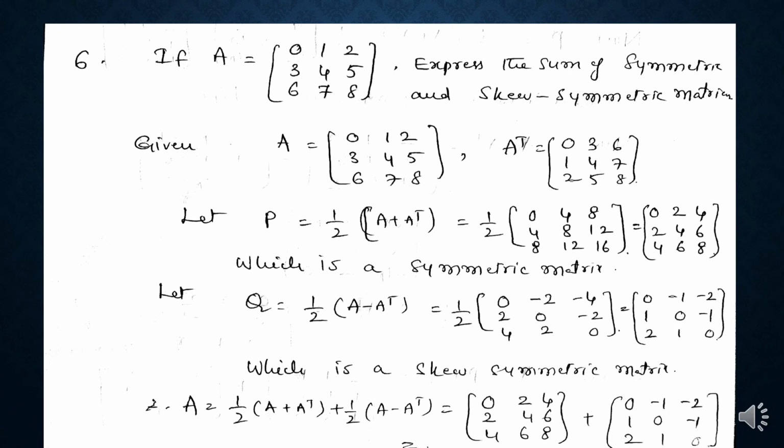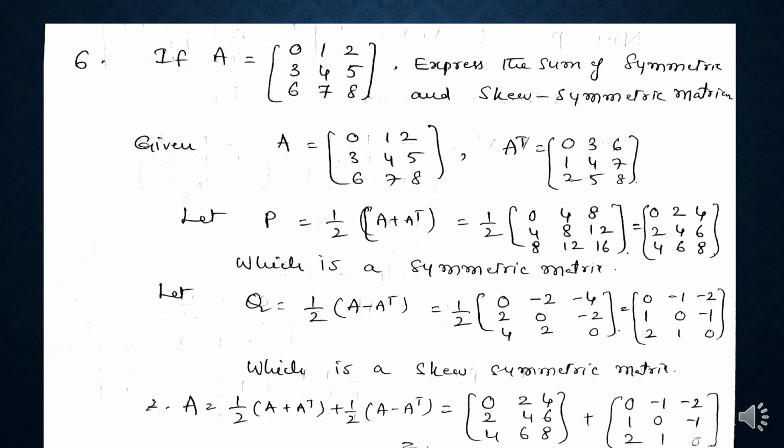So A can be written as half of A plus A transpose plus half into A minus A transpose. So the given matrix [0 1 2; 3 4 5; 6 7 8] can be written as A is equal to half into A plus A transpose plus half into A minus A transpose.